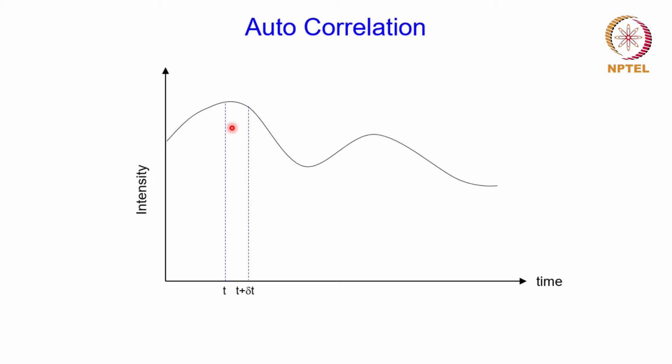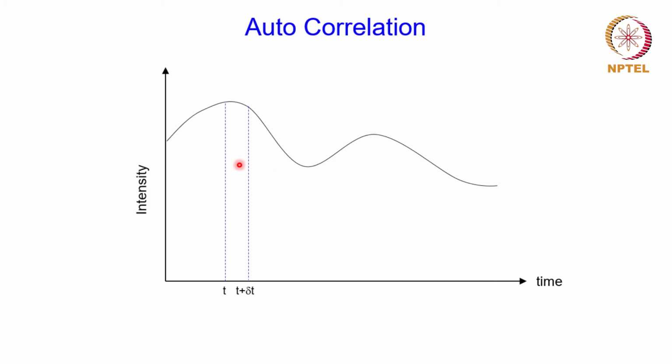So if it compares well, then you can see that the correlation between these two signals is good. Okay. So that is how the correlation is derived when you compare the intensity of the signal after a particular time interval with that of the original signal at time t. Okay.